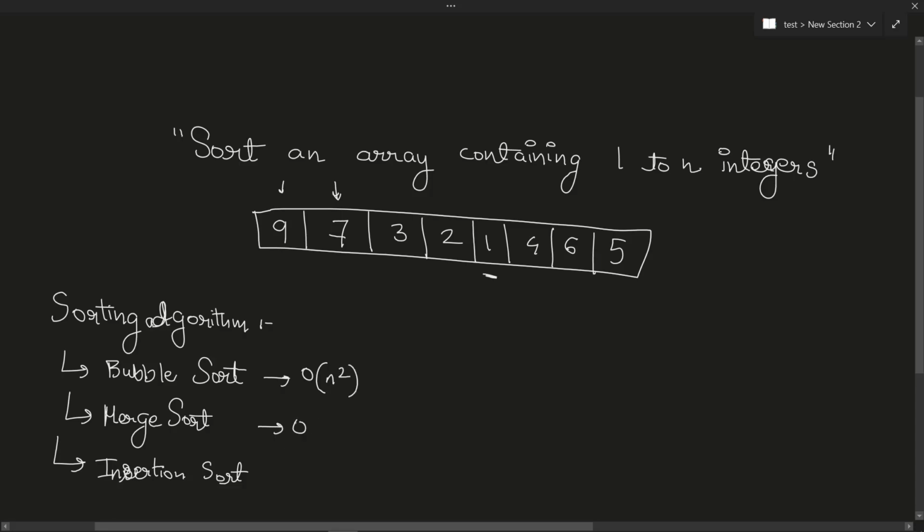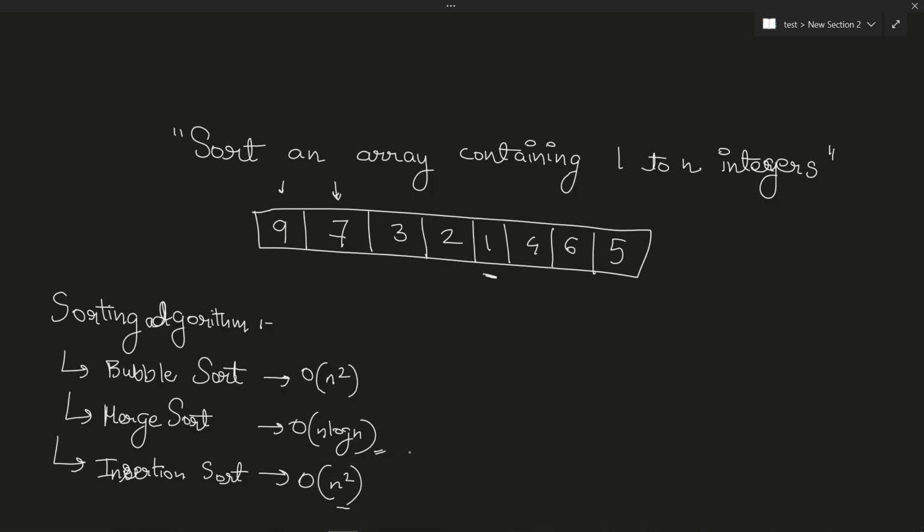Then some work in big O of n log n, which is the best capable for sorting an array. Even insertion sort works in big O of n square, because it keeps comparing each element with its next element, iteratively, usually twice for each input of a list. So basically it goes into n square.